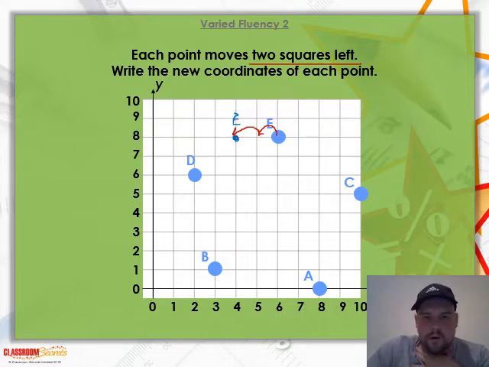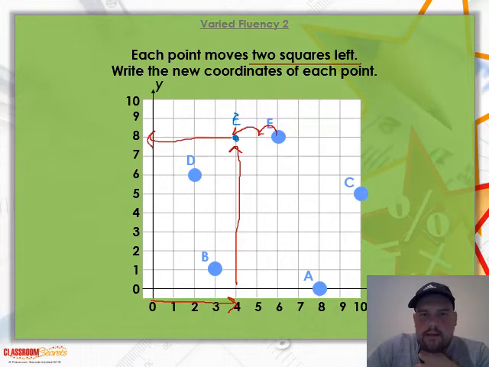So we go along the corridor until we get to 4, and then up the stairs. We get to here, and that reads across at 8. So our new coordinate would be 4, 8. Make sure it's in brackets.